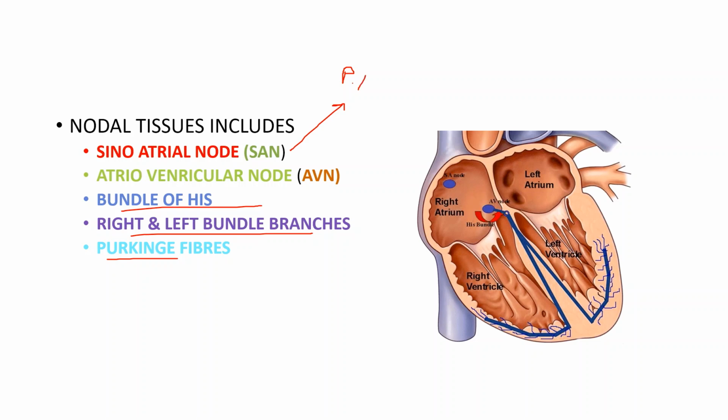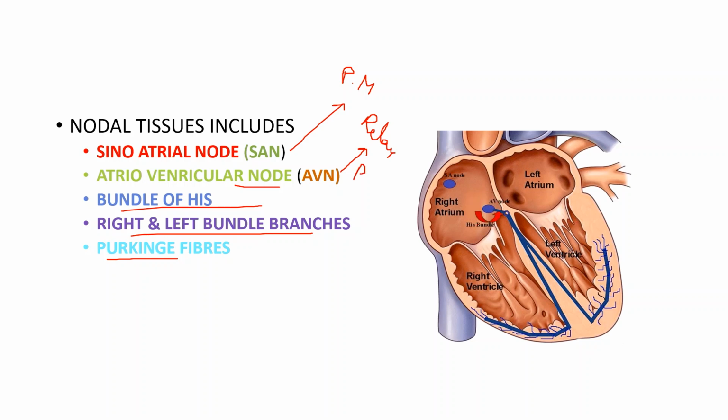In the same way, the atrioventricular node, AV node, receives the impulses or action potentials and transmits them to the bundle of His and bundle branches. That's why the AV node is considered a relay point, which relays the impulses, or we call it a pace setter.